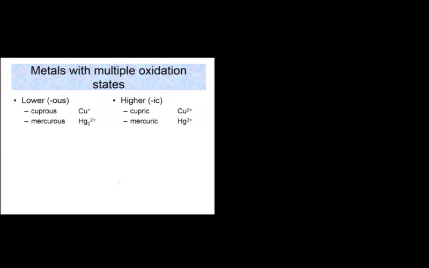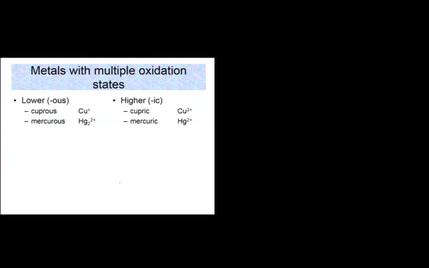Anybody see any difference between mercurous and mercuric? Okay, so Hg is the symbol for mercury, and there are 2 of them, right? For mercurous, let's write 2 of them out like this. And if the whole thing is plus 2, then couldn't I think of it as this being a plus 1 and this being a plus 1?